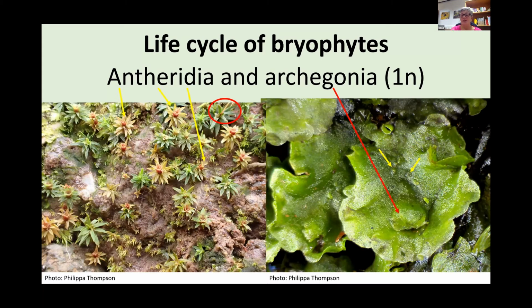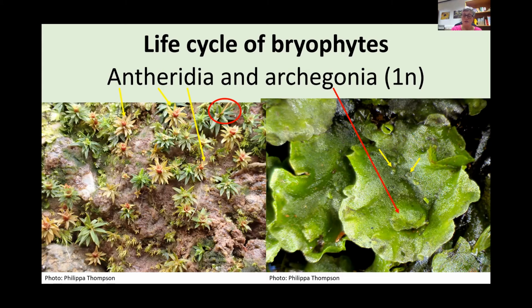On the right-hand side, we have a thallose liverwort, which is monoicous. We know it's monoicous because it has archegonia hidden under this flap of tissue, which is pointed at with a red arrow. That flap of tissue has a developing sporophyte, and before it had a developing sporophyte, it had the archegonia.